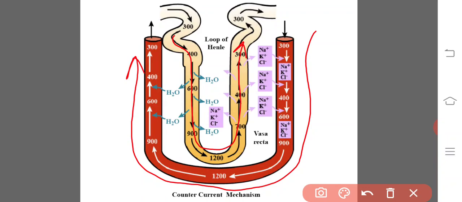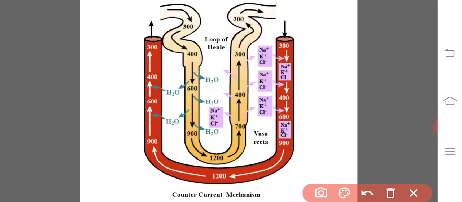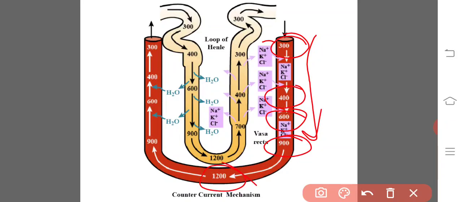In the descending limb of the Henle's loop, the primary urine with 300-400 milliosmoles is concentrated to 1200 by removing water, and again it is diluted by removing NaCl and gets 100 milliosmoles. But the blood receives the sodium chloride and potassium ions, so the milliosmolarity of 300 rises to 400, 600, 900, finally achieving 1200.